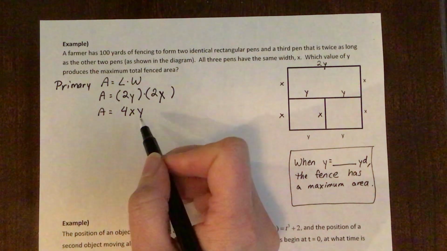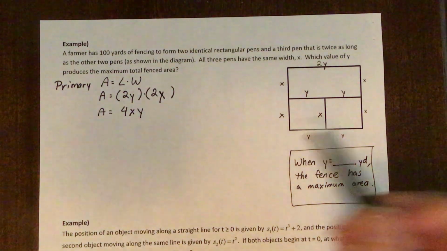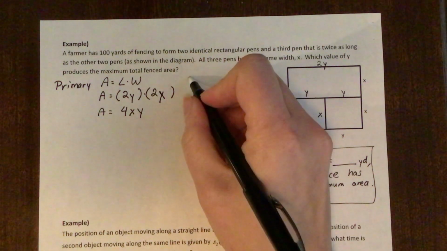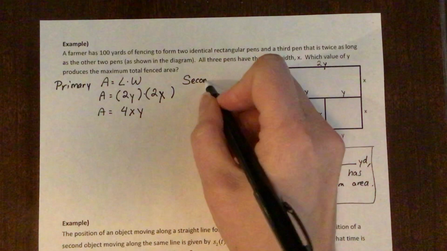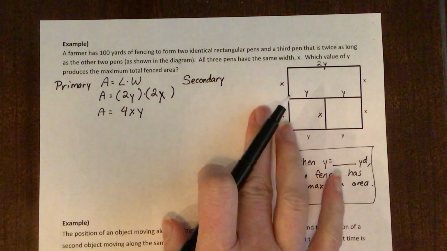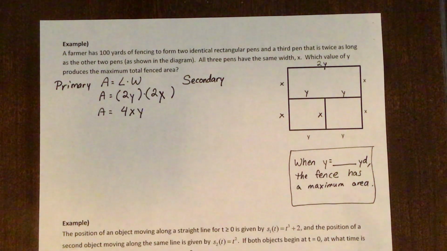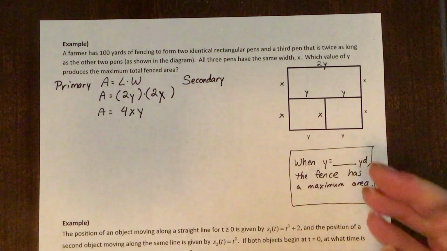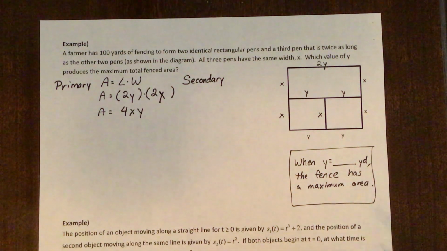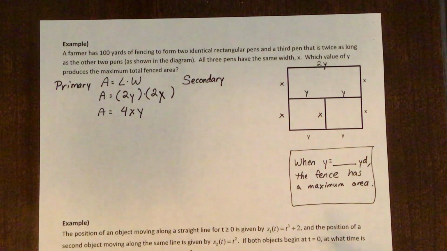So for our system of equations, we want X and Y to be in another, secondary equation. I try and write my secondary off to the side because we're going to use this primary a whole bunch. The secondary is going to get used at the beginning-ish and then again at the end. So this is all going to be primary work, and then this is all going to be secondary.